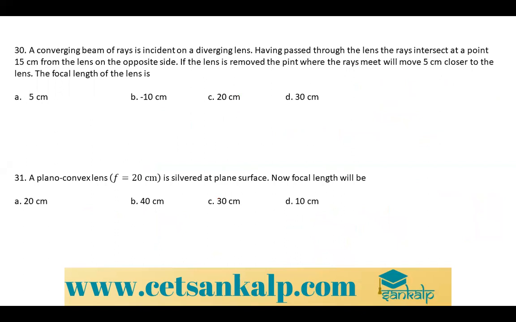A converging beam of rays is incident on a diverging lens. Having passed through the lens, the rays meet at a point 15 centimeter from the lens on the opposite side.